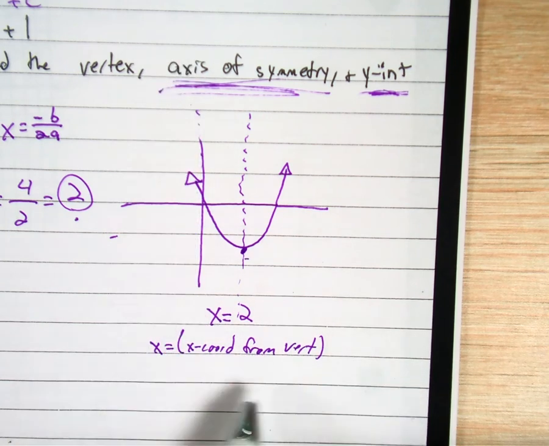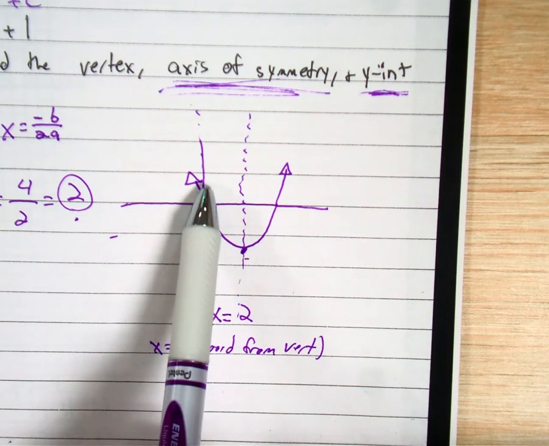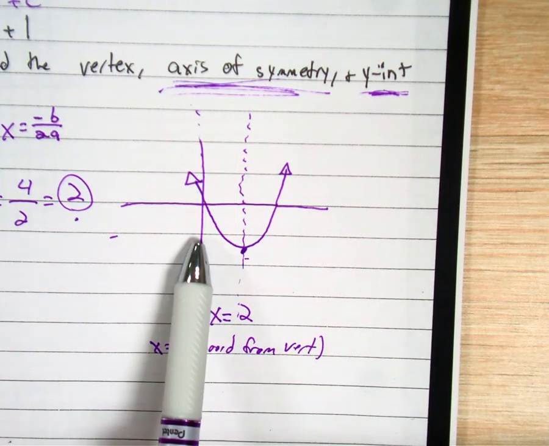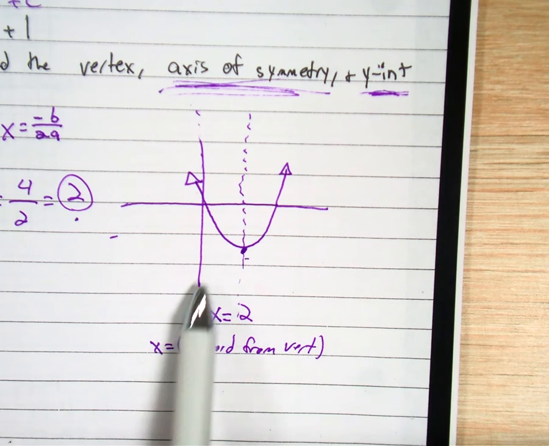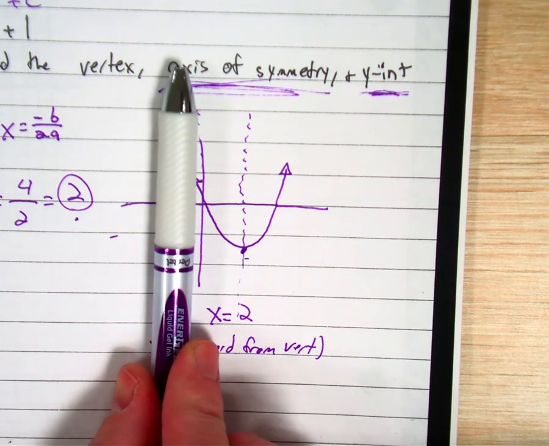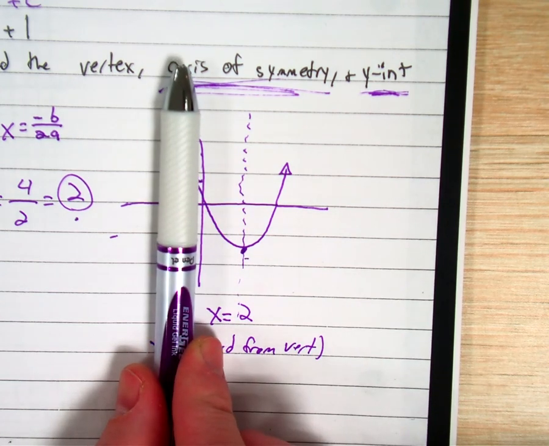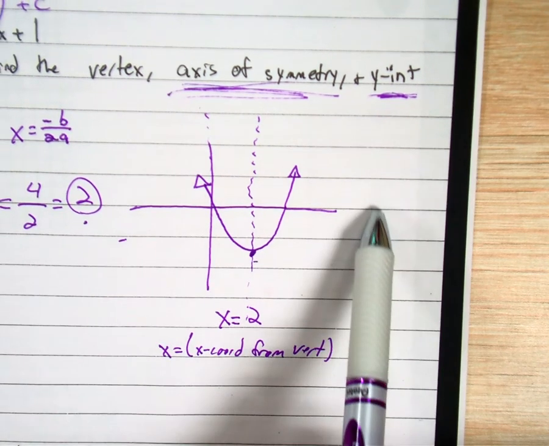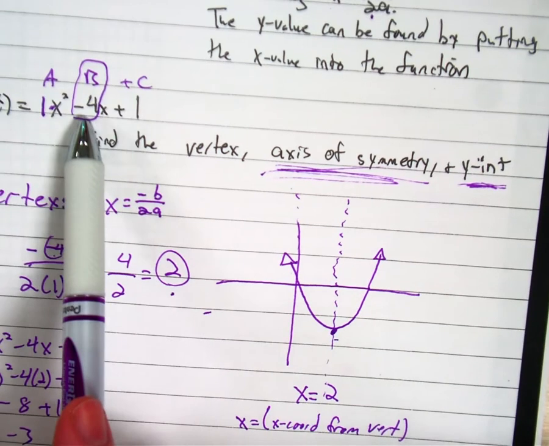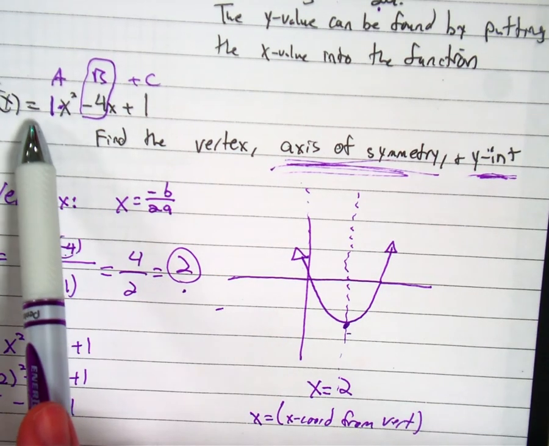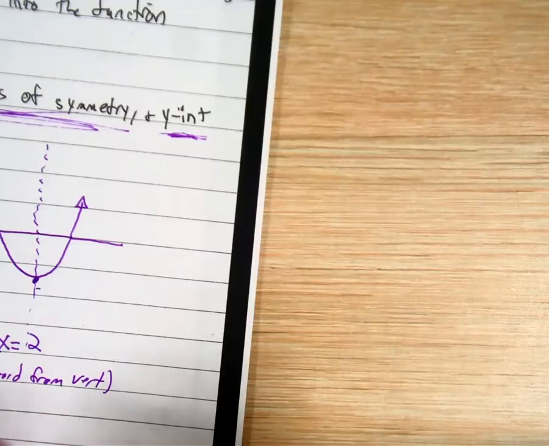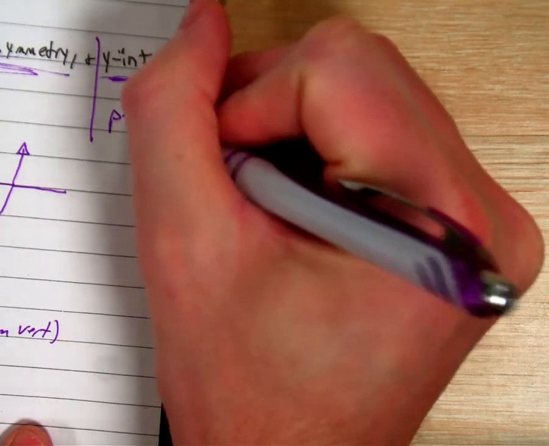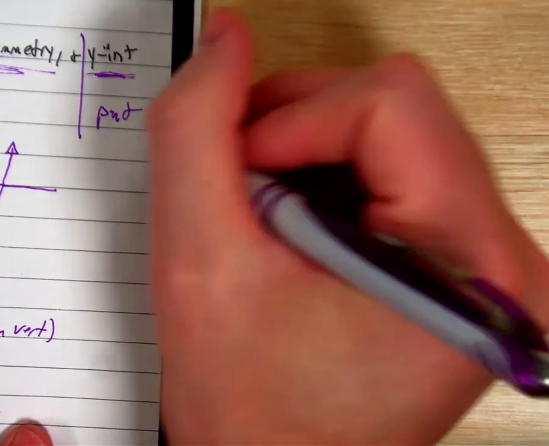All of these are going to be 0, something: 0, 1; 0, 2; 0, 3; 0, 4; 0, negative 1; 0, negative 2; 0, negative 3. So the y-axis is all going to be 0, some number. So how do I get the y-intercept from an equation? I put 0 in for all the x's. So for y-intercepts, we want to put 0 in for x.